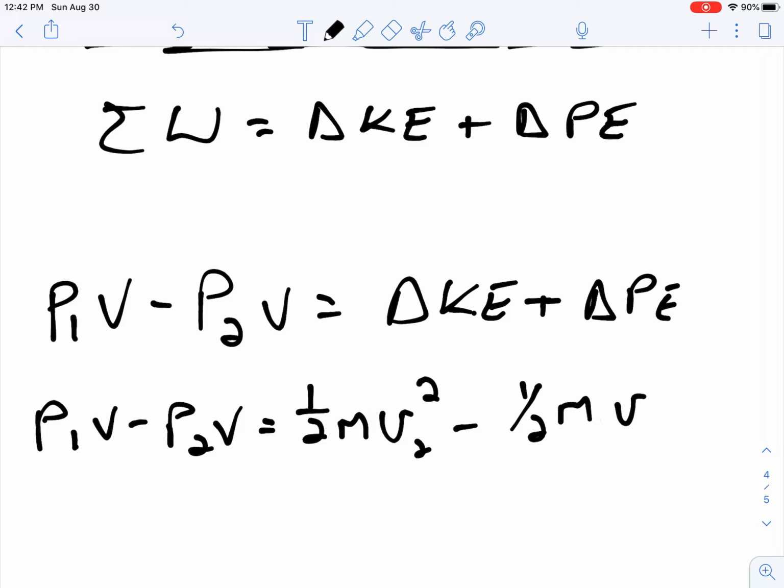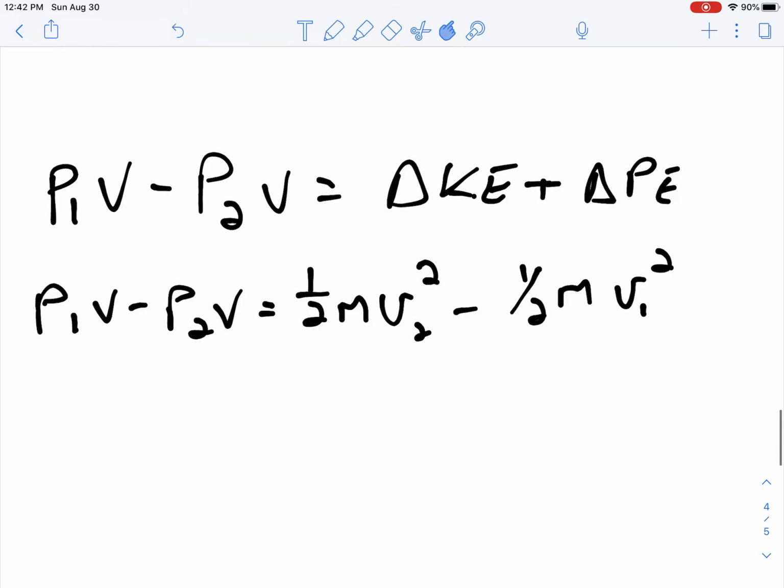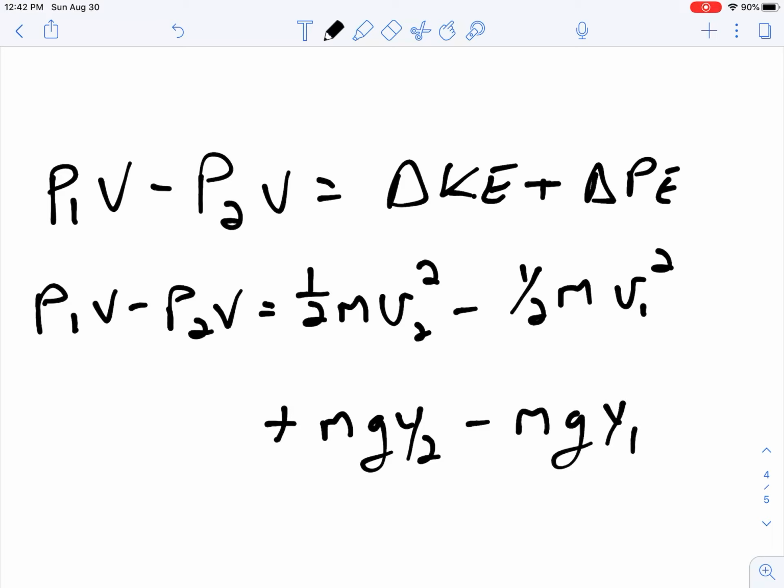I'll explain here in a second, I can't write and talk. Alright, remember changing kinetic energy is going to be final minus initial. We're starting at the 1 and we're moving towards the 2, so final minus initial, okay? And that's the change in kinetic energy plus the change in potential energy. Well, the change in potential energy is going to be final minus initial again, so mg y2 minus mg y1. So there's my final minus initial.